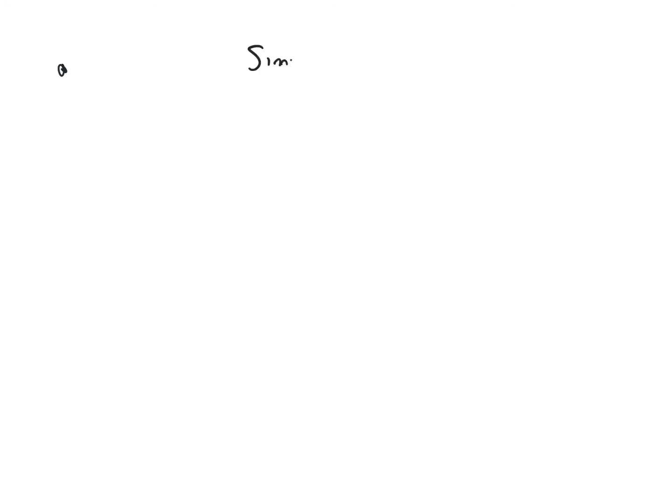Okay, we're going to be doing some more work with simultaneous equations, but this time we're going to bring in a real life context. So let's go for: let x be the cost of one hamburger.